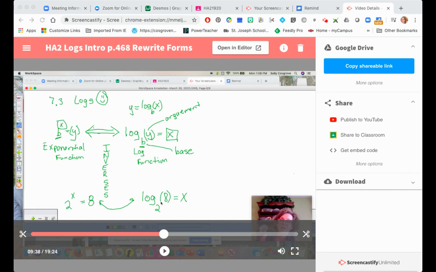They're all kind of brand new. We're going to use what we know about exponential functions. And why can we do that? Because logarithms and exponentials are inverses, like squaring and square rooting, like cubing and cube rooting. They're inverse functions.